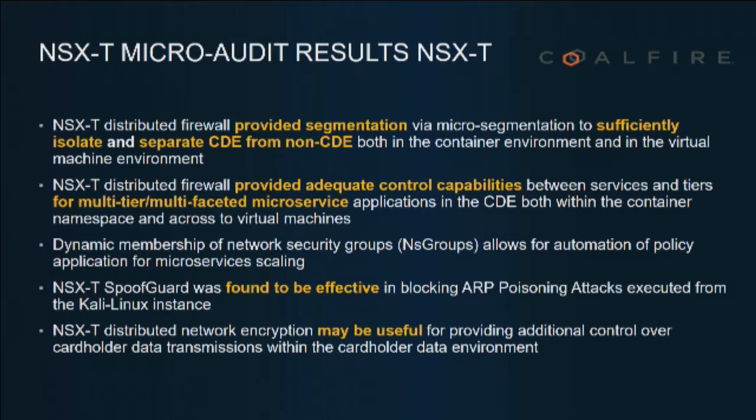We also looked at the capability of dynamically spinning up new container environments and, based on the Kubernetes labels, dynamically creating security tags in NSX-T for on-demand security. There was also segmentation and attack-based testing, testing the SpoofGuard capability of NSX to make sure man-in-the-middle attacks cannot occur within the environment.